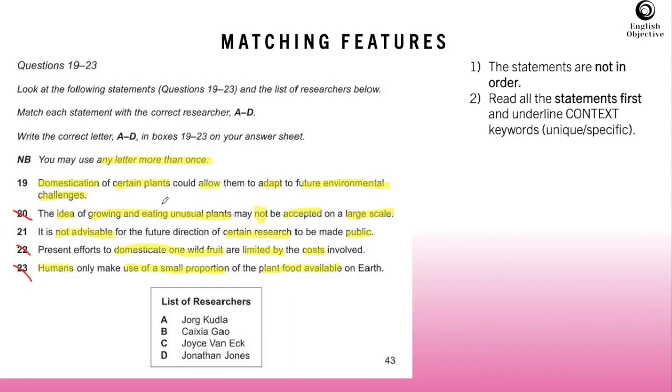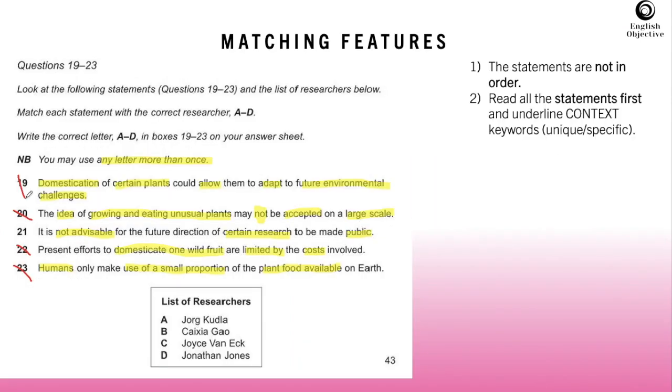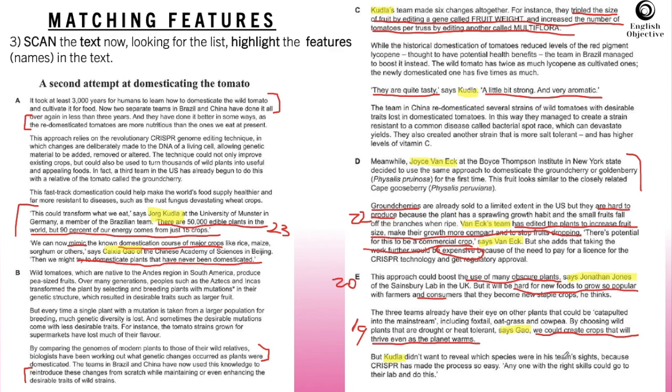And question 19 actually speaks about the environmental challenges in the future, and that some plants could be adapted to those challenges. So question 19 looks like it is connected to Gao's comment about creating crops that will thrive, so that will be adapted even with some environmental challenges as the planet warms.